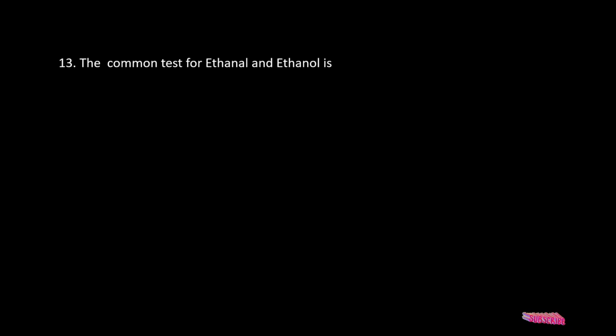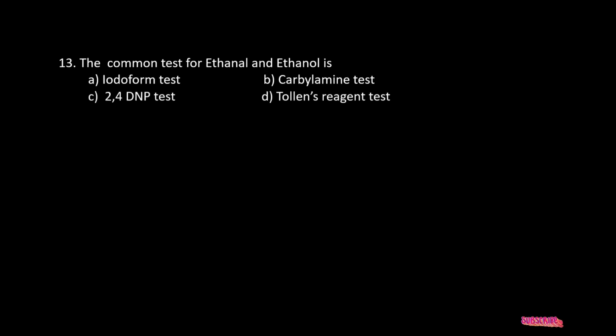Now let us take question number 13. The common test for ethanol and ethanal is A. Iodoform test, B. Carbylamine test, C. 2,4-DNP test, D. Tollens' reagent test. Dear friends, the correct answer for this is option A, that is iodoform test, because the carbylamine test is answered by primary amines.